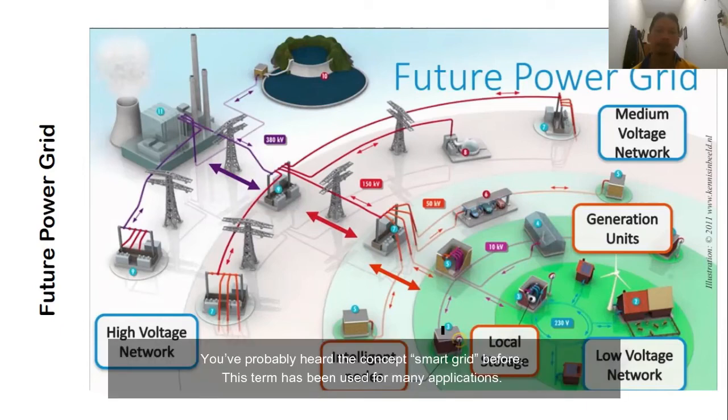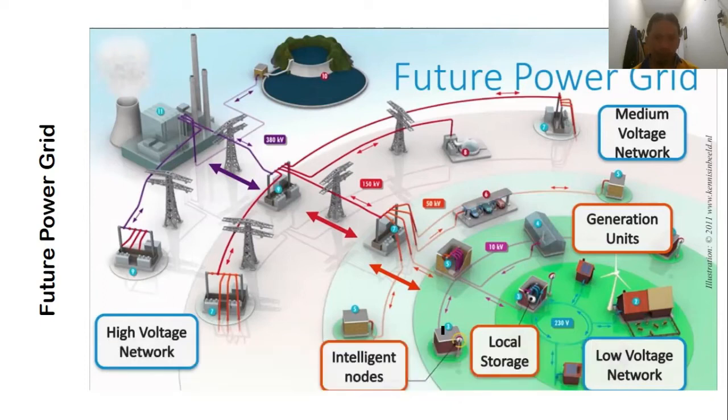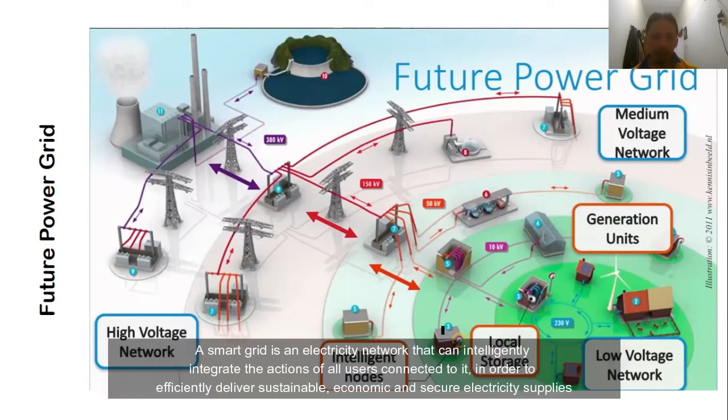You have probably heard the concept of smart grid before. This term has been used for many applications. A smart grid is an electricity network that can intelligently integrate the actions of all users connected to it in order to efficiently deliver sustainable, economic, and secure electricity supplies.